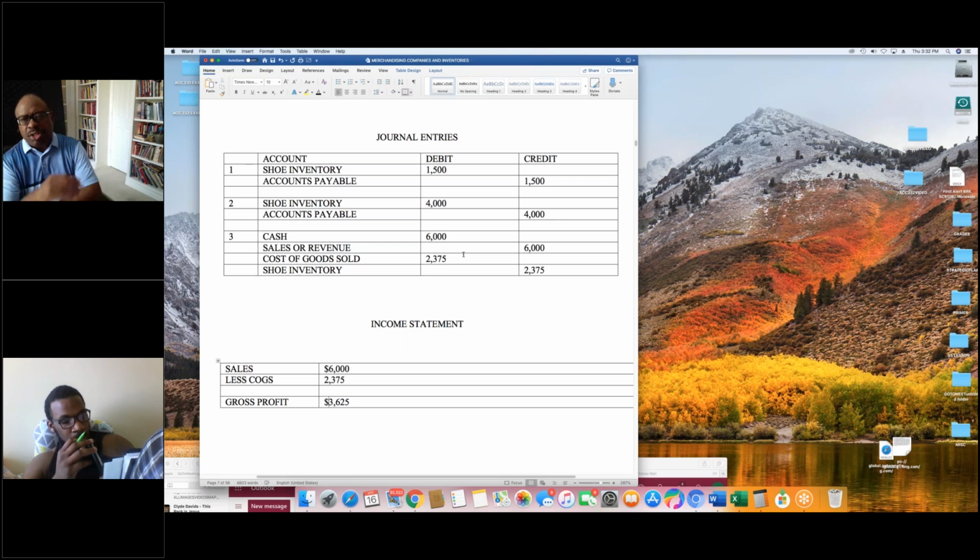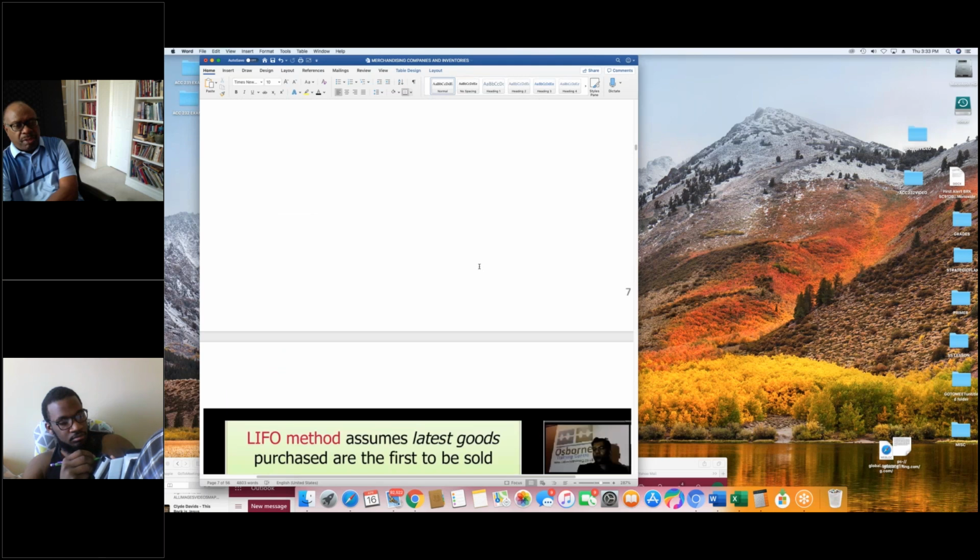Yes, that makes up one journal entry, with two parts. You can separate them out, but it's to let you know that when you sell, you've got to make two journal entries.